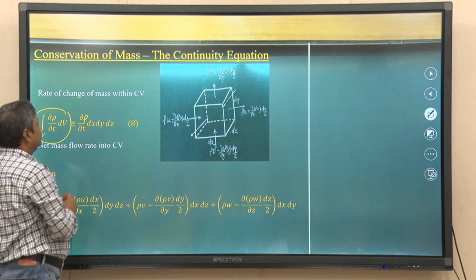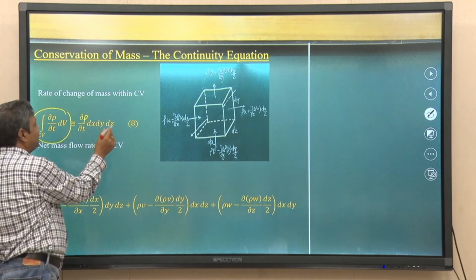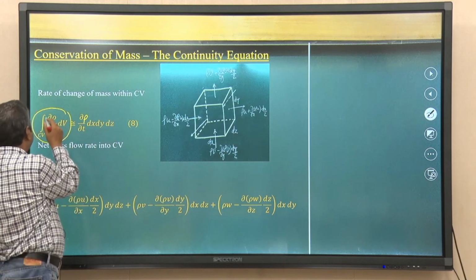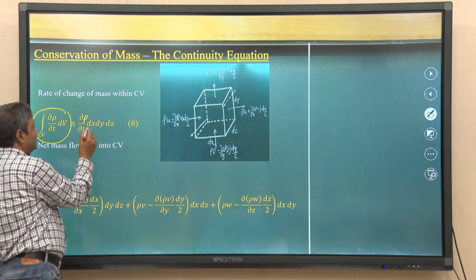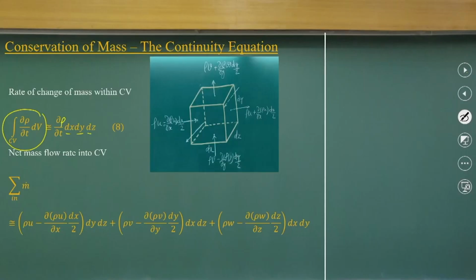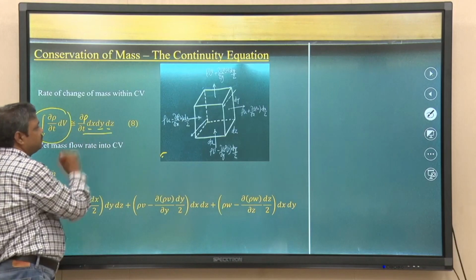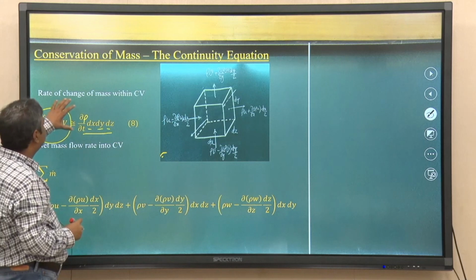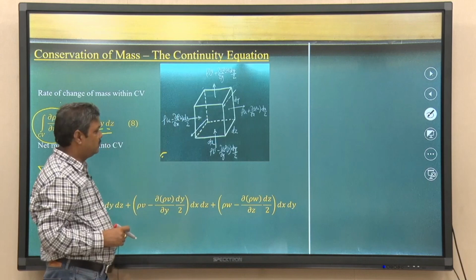The volume is dx, dy, dz, and because the control volume is infinitely small, we can approximate this volume integral in this form. This is the rate of change of mass within the control volume.